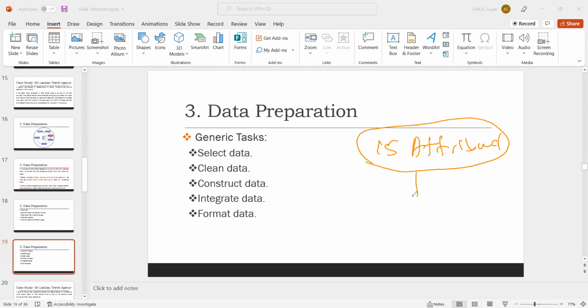We must do a correlation analysis. Based on the correlations, we can figure out only 6 or 7 attributes which are highly correlated with other attributes. So this is called select data. From the 15 attributes, we are selecting only 6 or 7 attributes which are highly correlated.